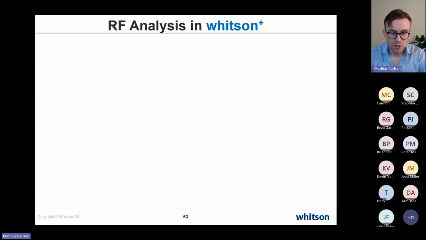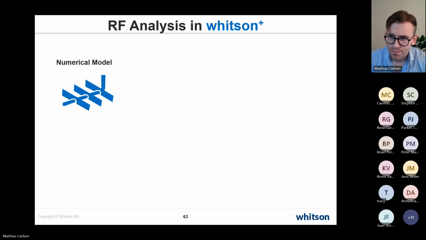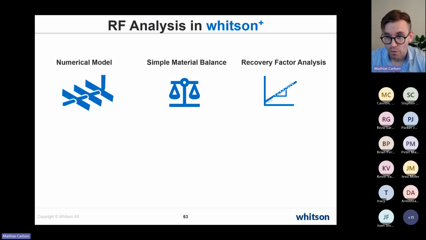Awesome. So in Whitson Plus, you actually have 3 different ways to get a recovery factor. The first one would be a numerical model. The second one would be something called simple material balance. And the third one is the recovery factor analysis that we're talking about now, that's linked to the multiphase FMB.